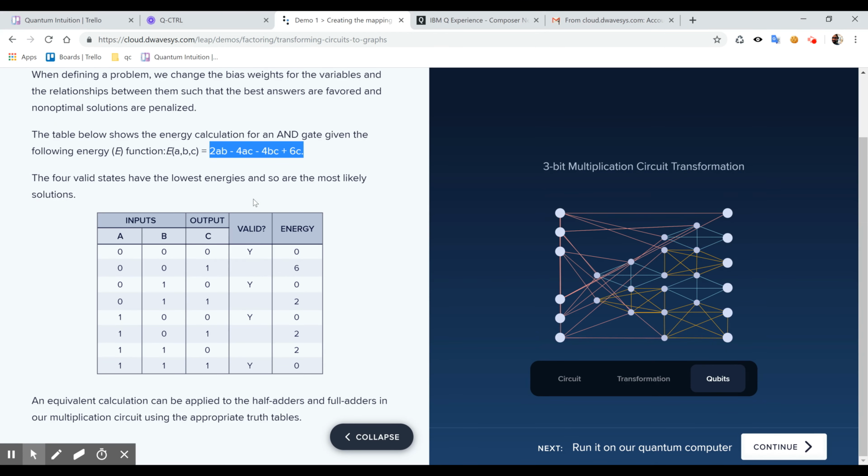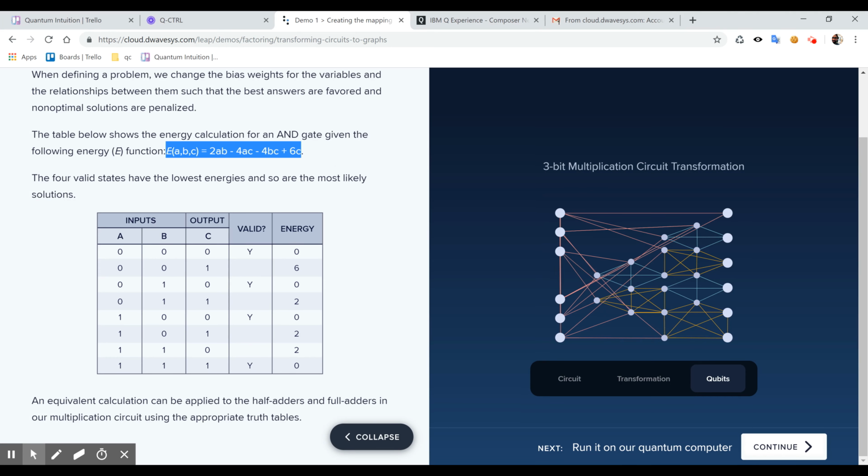Okay, so basically when you do that, if A and B are 0, and you calculate that, and C is 1, then you're going to get energy 6, which is good because it's high energy, so it's not a valid combination. Okay, I get it. Yeah, but then it's tricky to come up with such things, right?